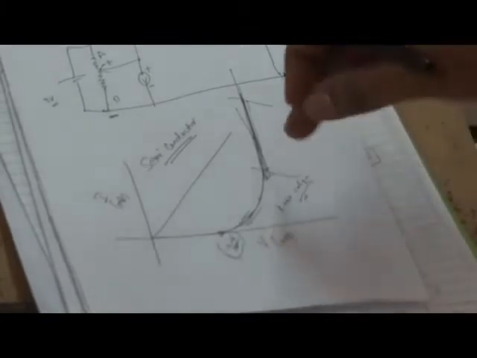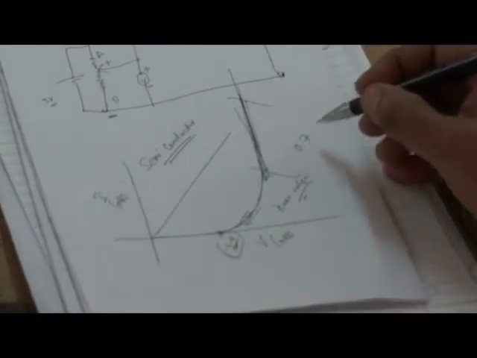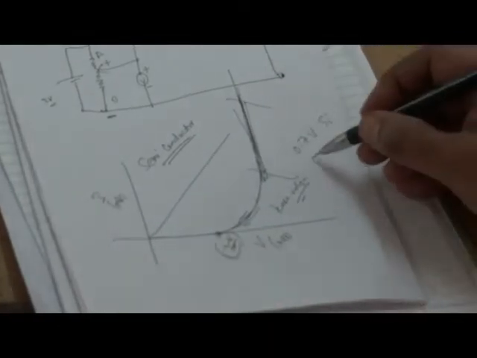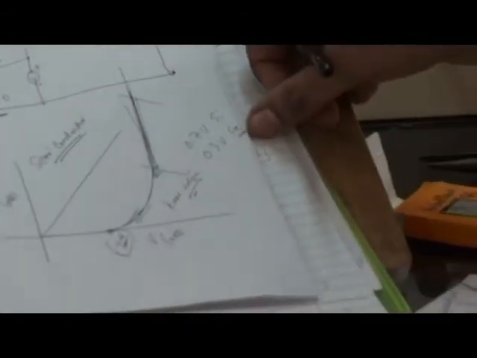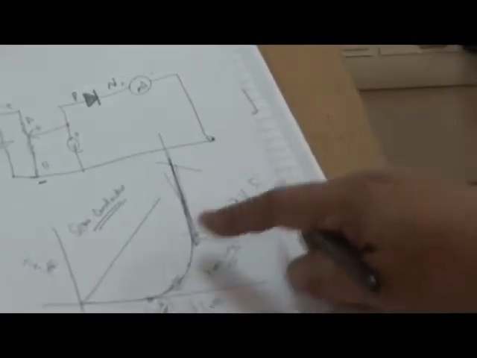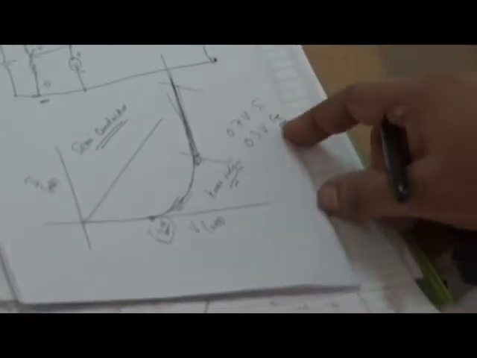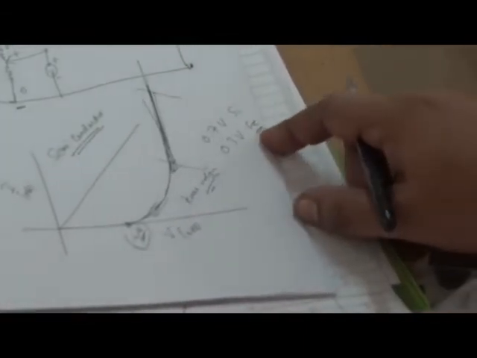The voltage at which the diode starts conducting is called the knee voltage, and theoretically it is 0.7 volt for silicon and 0.3 volt for germanium.